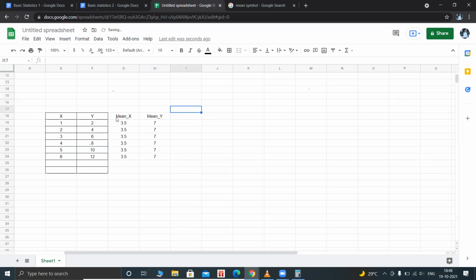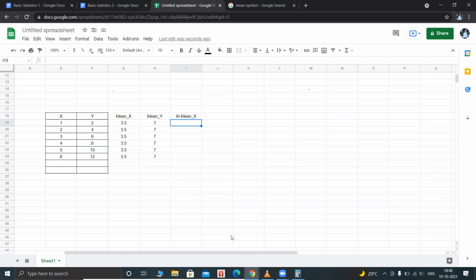So this is the mean of x and the mean of y. So now xi minus mean of x. That means 1 minus 3.5, 2 minus 3.5, 3 minus 3.5, and 4 minus 3.5. Is it clear, guys, everyone? Yes.